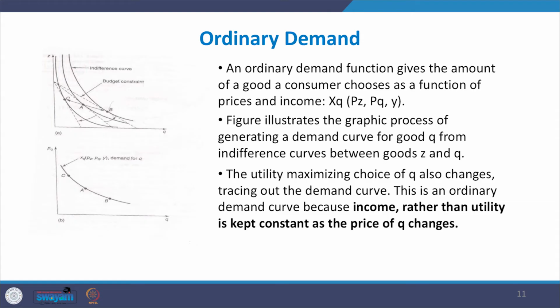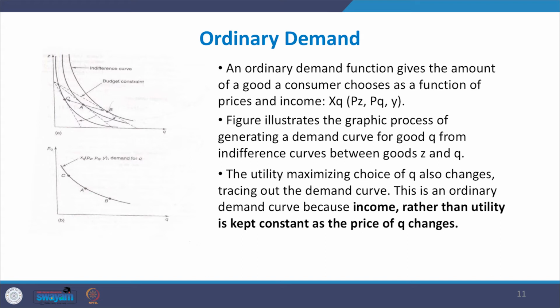You can draw the ordinary demand on the basis of the consumer's utility. An ordinary demand function gives the amount of a good a consumer chooses as a function of price and income. For example, if we have ordinary demand for product Q, then the demand for Q is a function of the price of Q and how much income the consumer is going to spend on Q and other conventional products, when we are using the indifference curve.